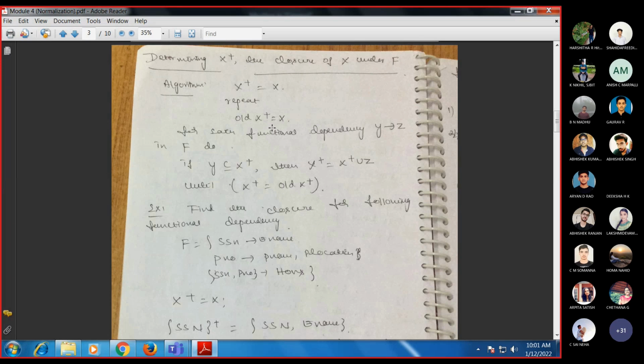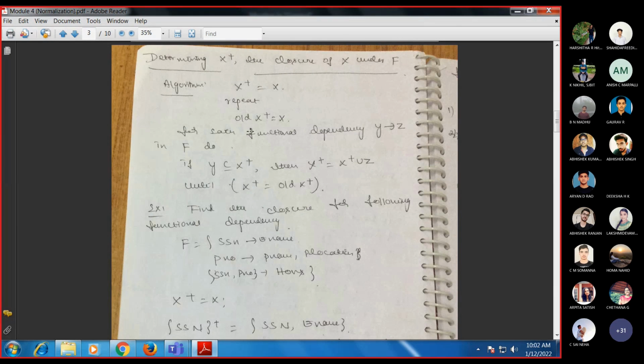If it is a subset, then you must add the right hand side attribute to the X closure. That is, X closure is equal to X closure union Z. Union means you are adding Z to the X closure. Like that, you need to repeat until the X closure is equal to the old X closure.